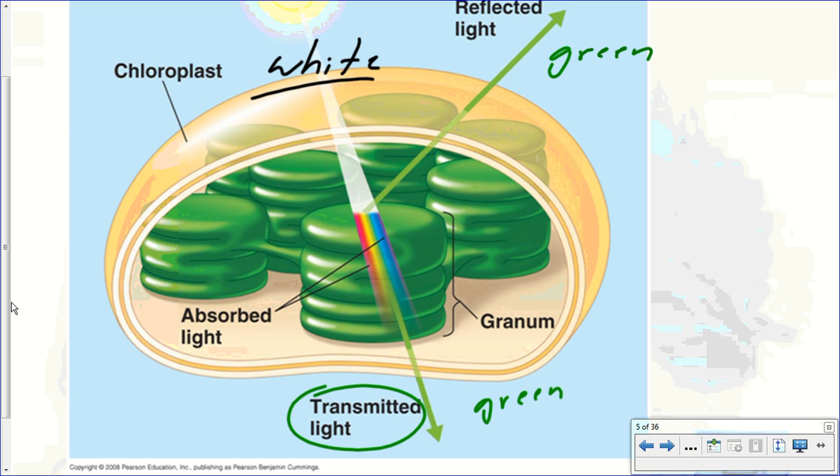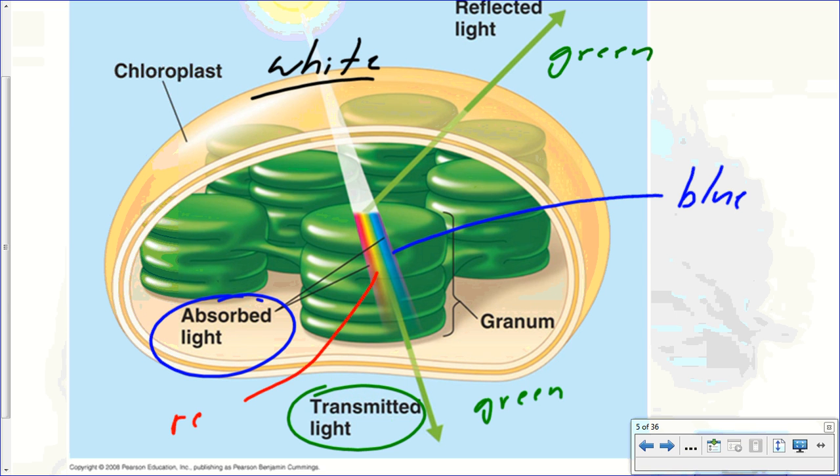If the light is reflected or transmitted, that means that it is not being absorbed by the plant. Only when light is absorbed by the plant can it actually be used, in this case for the process of photosynthesis. So the light that is absorbed is, for the most part, the blue light and also the red light.